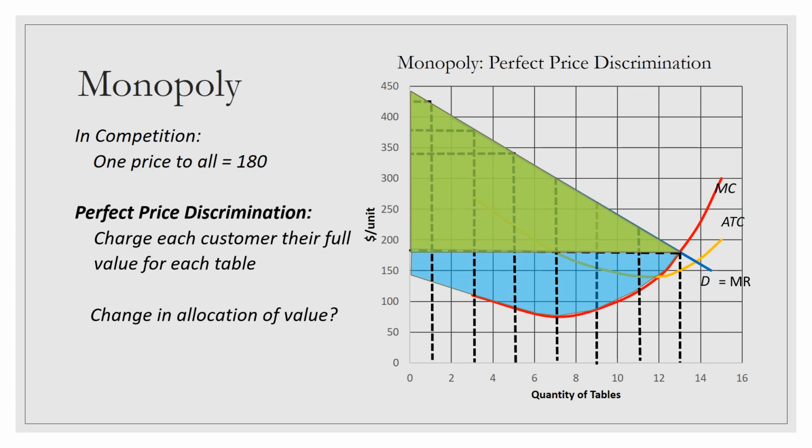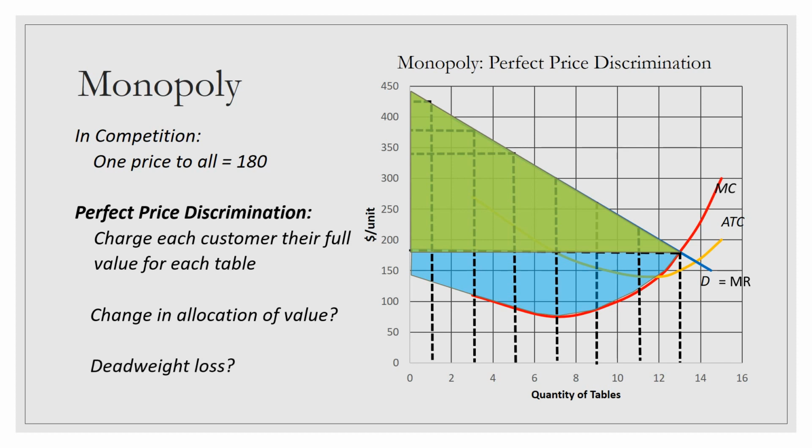Is there a change in allocation of value? Absolutely. Okay. Compared to the competitive environment, where this triangle area goes to the consumers, it now fully goes to the producers. The producer is able to capture all of the value that got created. Okay. But take a look.